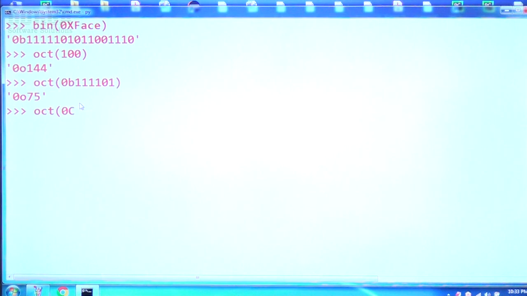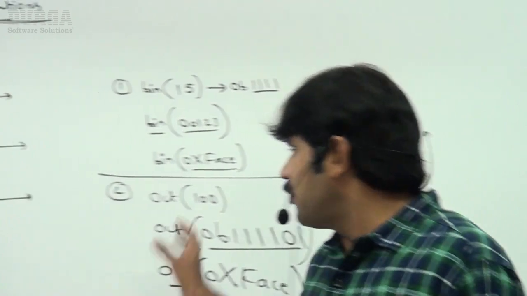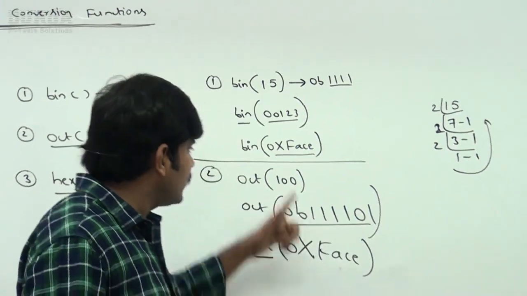Oct of 0xface, I am taking. Have you observed? This is the equivalent octal value for the given hexadecimal number. So for a given hexadecimal number, if you want to convert into octal, these are the ways.